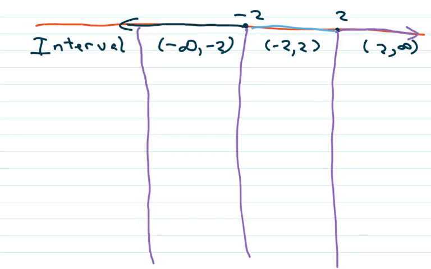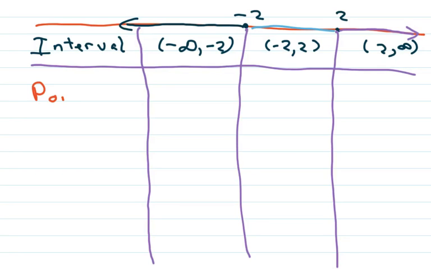Now I'm going to pick points here. I pick as close to negative 2 as possible without being a fraction, so I'm going to pick negative 3 here. I always like to pick 0 if I can, because that's easy. And for this last interval, I'm going to pick 3.